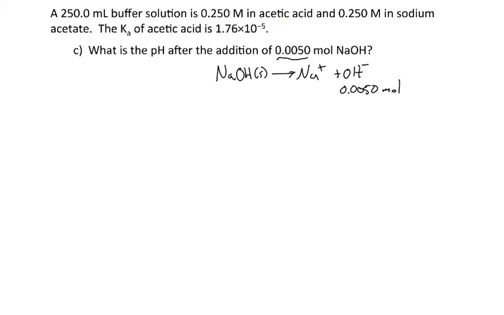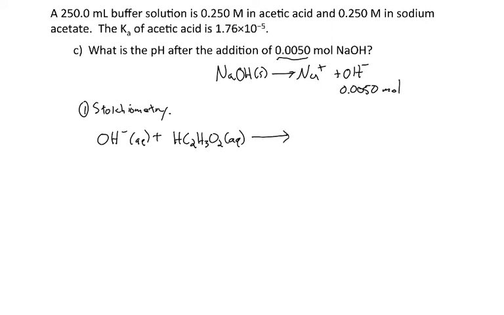So my stoichiometry problem is going to be the hydroxide reacting with the weak acid. Again, this reaction is going to go to completion, and so it's going to form water plus the conjugate base.